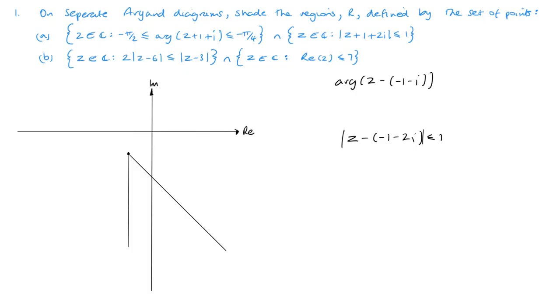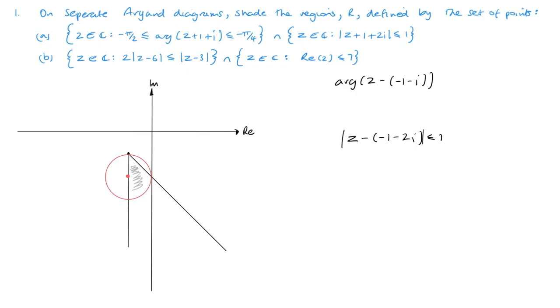I'll do this in a different colour, so I'll do this in red. Minus 1 minus 2, so (1, -2). This is the centre of the circle, and it's going to have a radius of 1. So that will look something like this. And then this is the area in here.